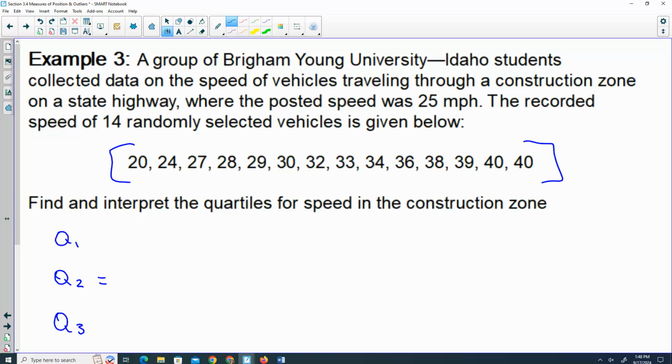The easiest quartile to find is quartile 2, because we've already done it. Quartile 2 is what? The median, the middle. So if we went through and found the middle values, what do we do if there's two values in the middle?